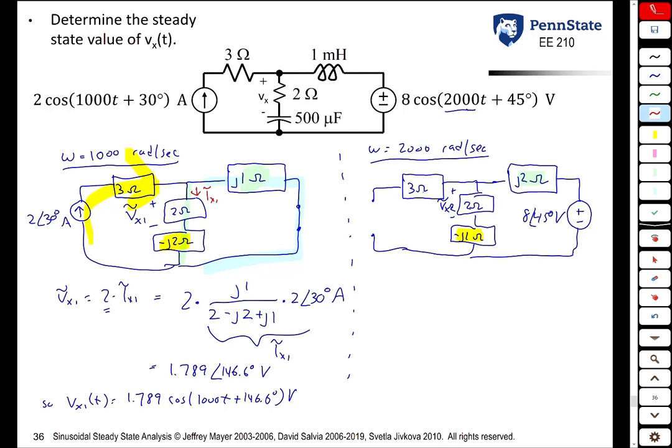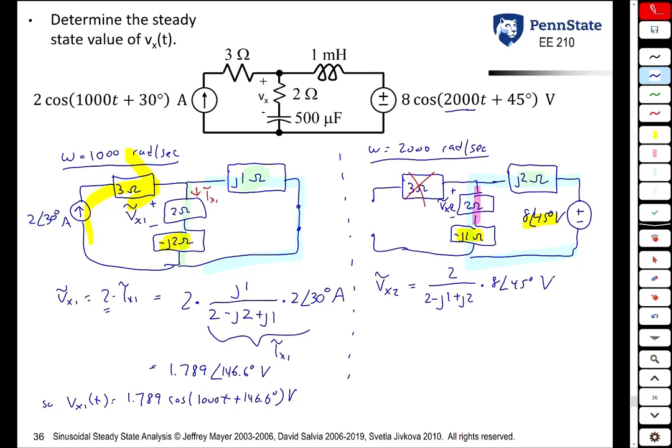So the first thing we see is this branch here on the left really has no effect, and we can just use voltage division. The voltage across the 2 ohm resistor is its impedance over the sum of these three impedances times this voltage source. So from voltage division, we get that Vx2 tilde is 2 over 2 minus j1 plus j2, all of that times 8 at an angle of 45 degrees.